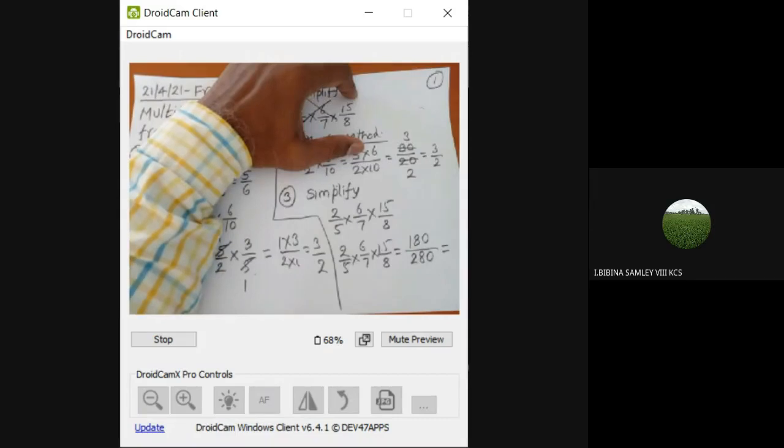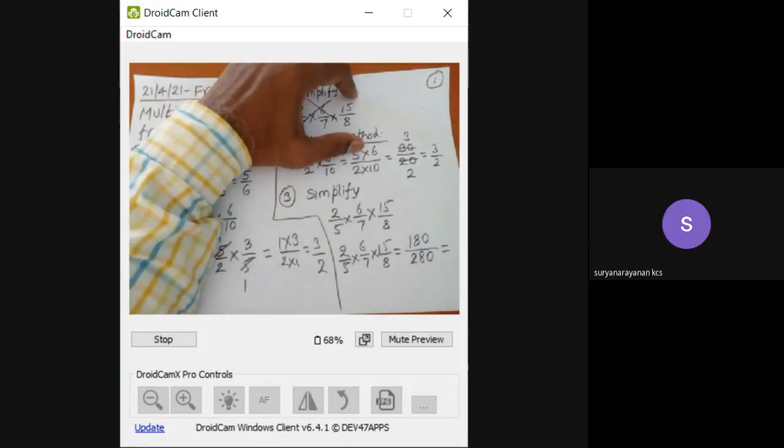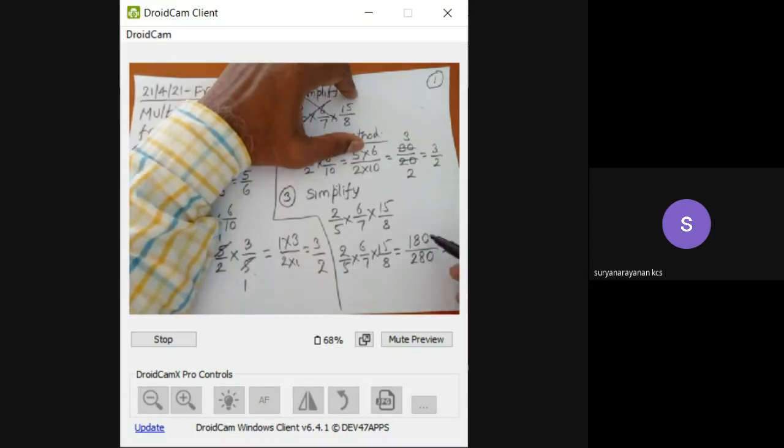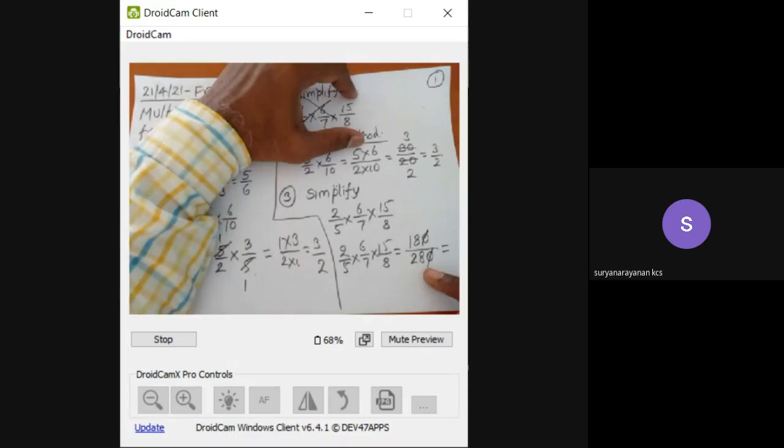Here in the units place zeros are there, so directly we can strike out. Means we are dividing the numerator and denominator by 10. Here we are striking out these zeros, means we are dividing the numerator by 10 and the denominator also by 10. So 18 by 28.